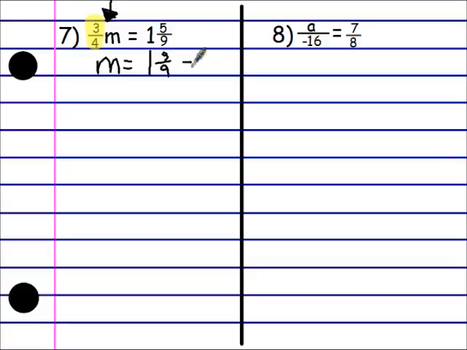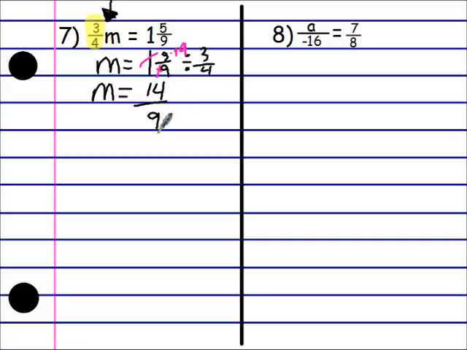So we're going to divide by 3/4. Now 1 and 5/9 needs to be converted to an improper fraction. So I have 1 times 9 is 9. Add that to the top here. So I have m equals 5 plus 9 will give me 14.